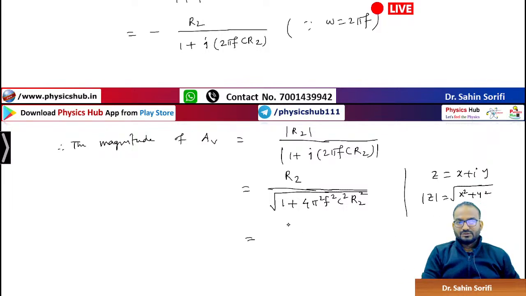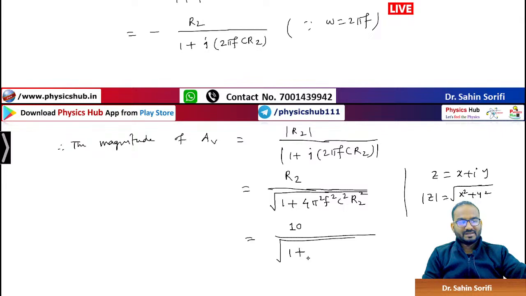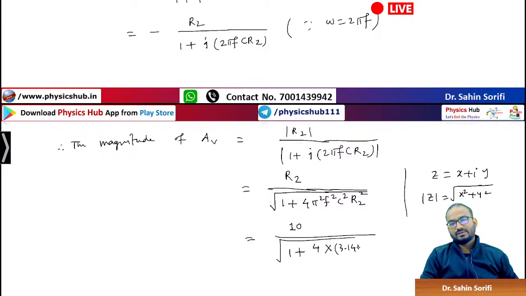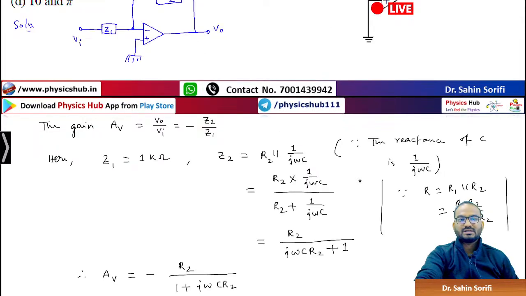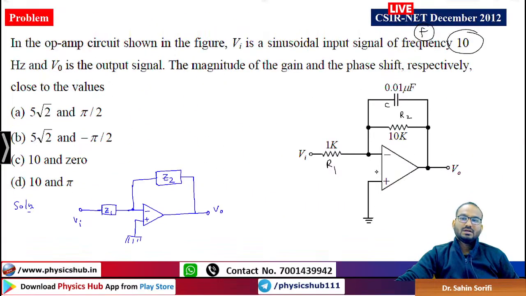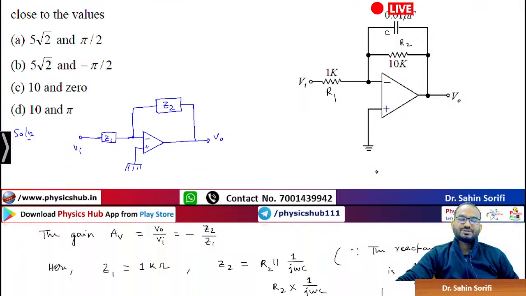So put the value of R2. R2 is 10 kilo ohm divided by 1 plus 4 pi square. Look, we are using kilo ohm. Okay. Kilo ohm, R1 was also kilo ohm. So kilo ohm gets cancelled. Pi square, pi is 3.14, square. f is given to you, 10 kilohertz, 10 kilohertz, square.